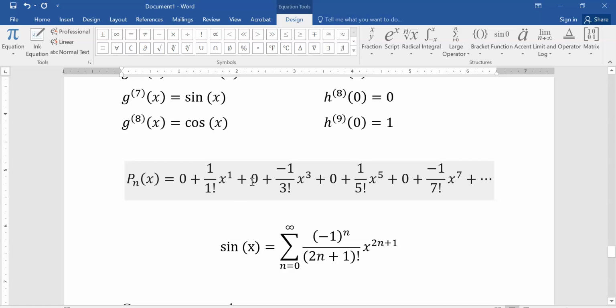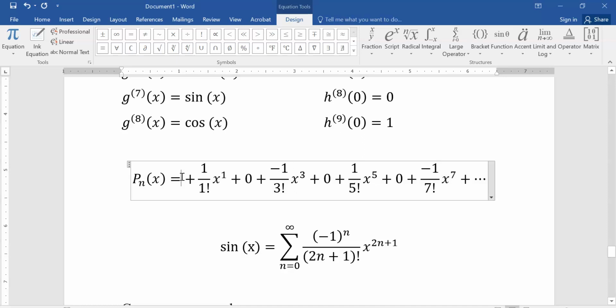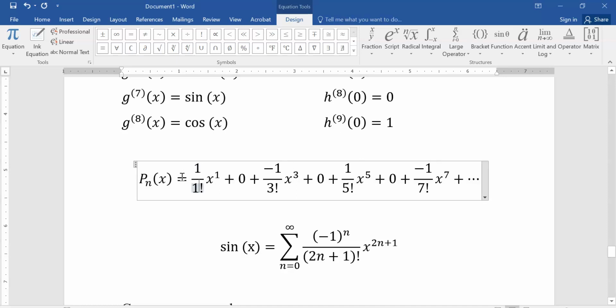My x squared term will just become a 0. And then my x to the third term will become -1 over 3 factorial x to the third. My x to the fourth term will become 0. My x to the fifth term will be 1 over 5 factorial x to the fifth, and so on and so forth. So this is just picking up the odd powers.